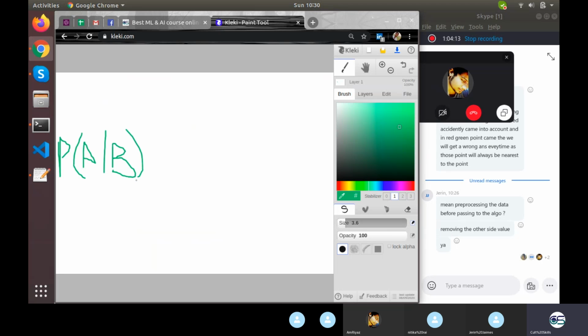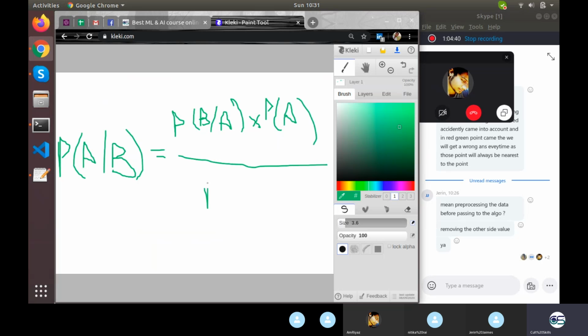The probability is the probability of B given A, multiplied by the individual probability of A, whole divided by the probability of B.